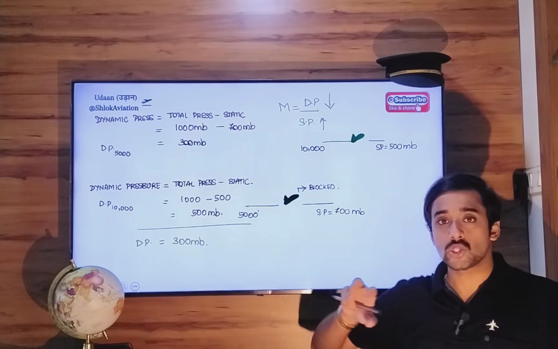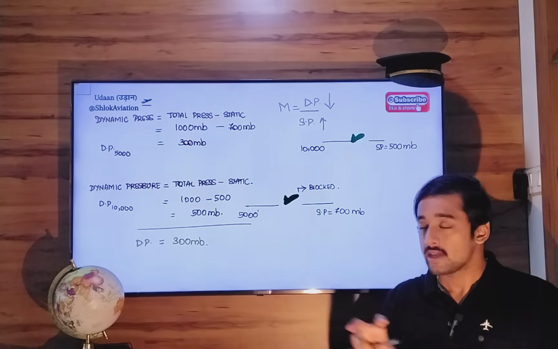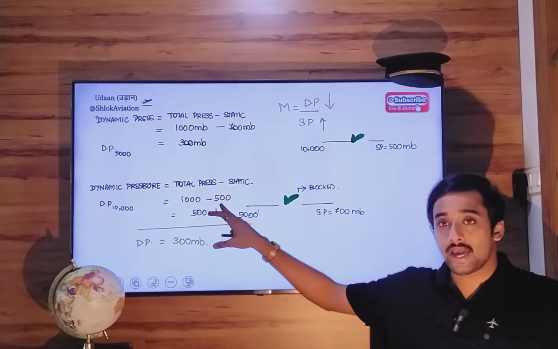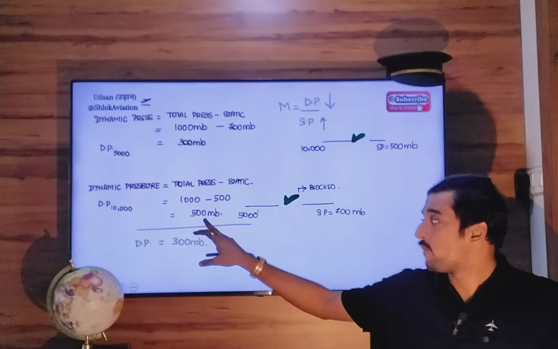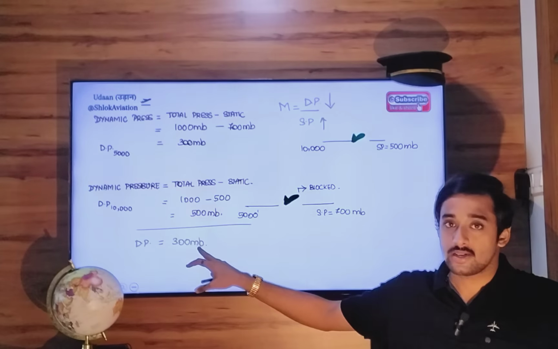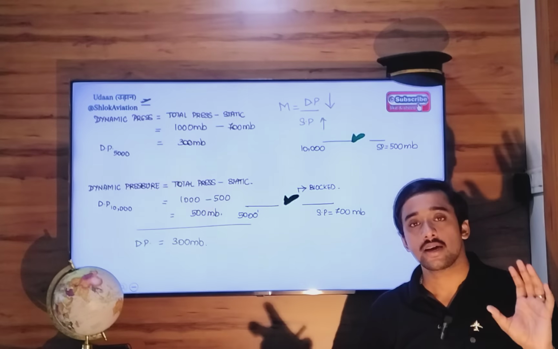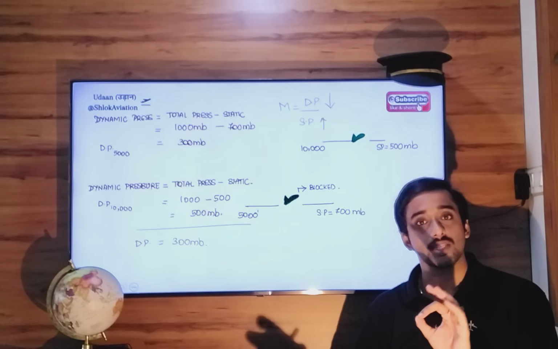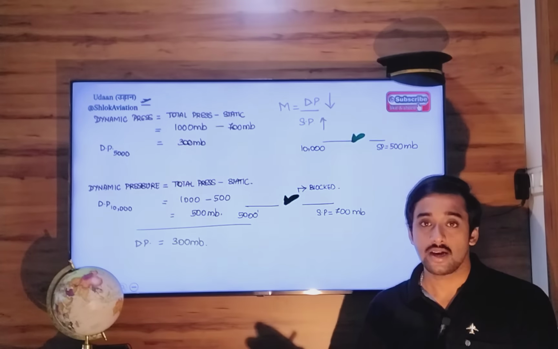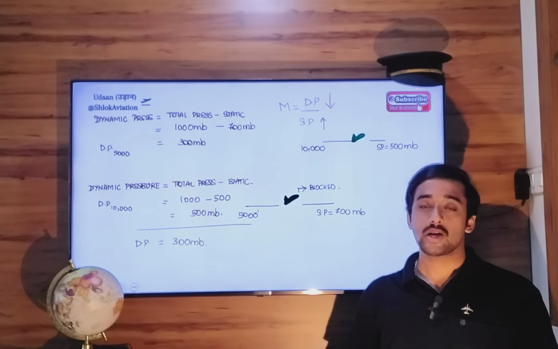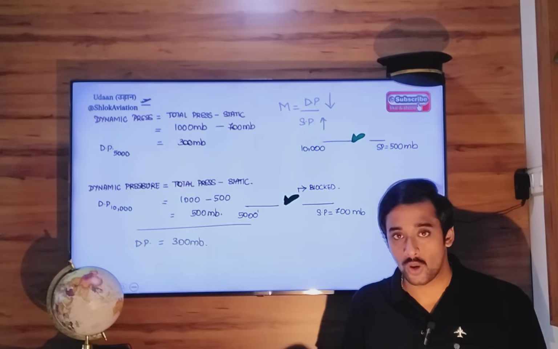If the static ports were working perfectly, the calculation would be 1000 minus 500, which is 500, more than 300. So with static ports functioning properly, no blockages, the right value of static pressure will get registered and the dynamic pressure will be much more at higher altitudes than at lower altitudes.